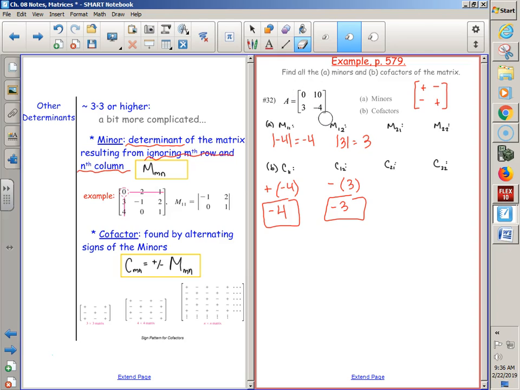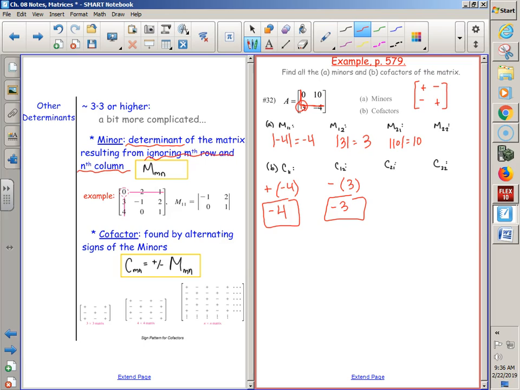How about 2-1? What row, what column are we in now? Second row, first column. Ignore the second row and the first column. What's left? 10. The determinant's 10. That's why we're starting easy, because we can see the determinant of a 1 by 1 super fast. The cofactor says, what spot am I in?